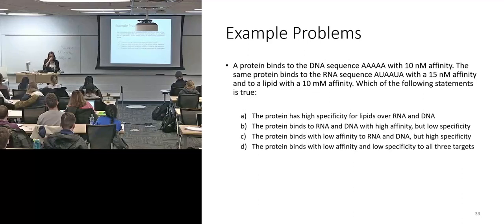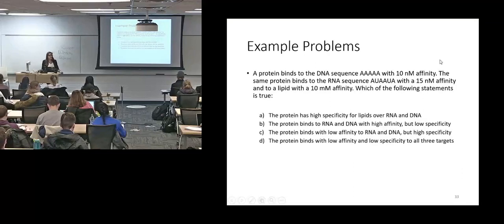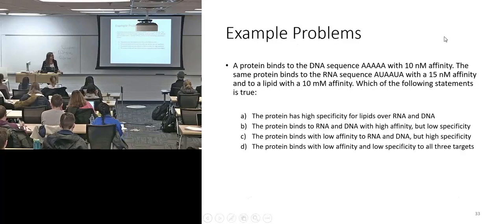Great. So what Rebecca said was that we have nanomolar affinity for both our RNA and our DNA sequence. And what I previously mentioned was that, on a relative scale of what constitutes high affinity, it's things in the nanomolar range. But it's clearly not specific between these two because they have very similar KDs.